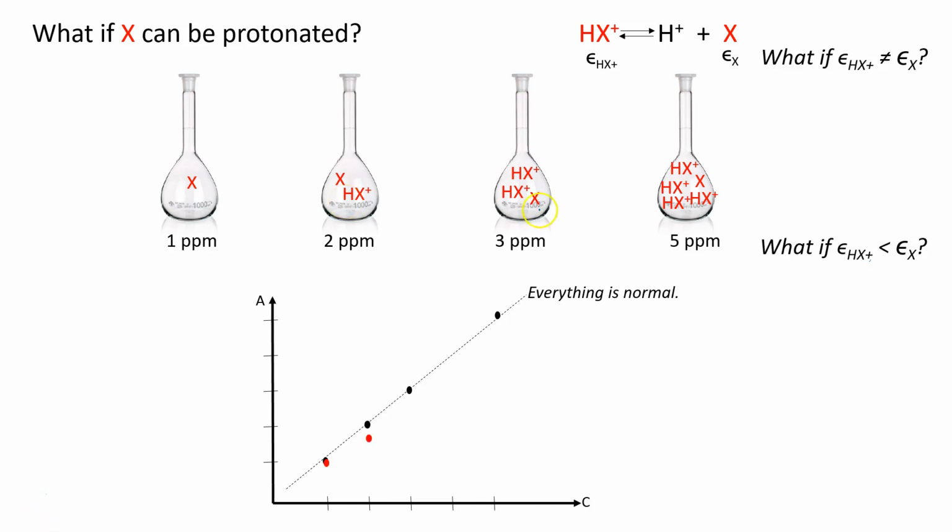Yes. And look what happens at 3 ppm when you have even more of that protonated form with, again, the lower molar absorptivity. The absorbance is lower, and the same thing at 5. So this is an example of when Beer's law fails because the solute existed in two different forms.